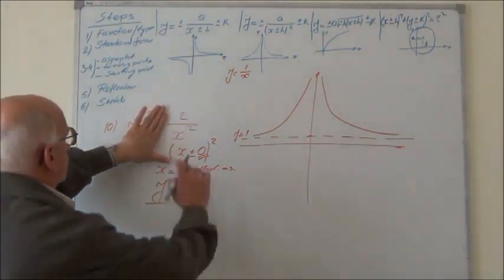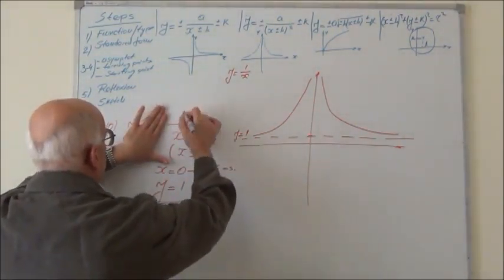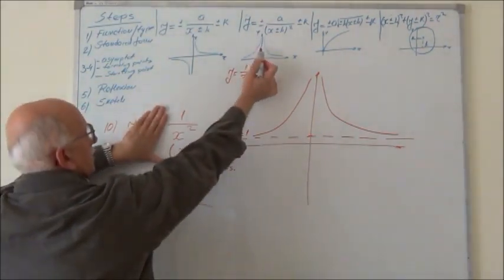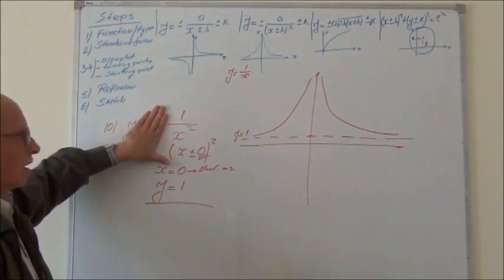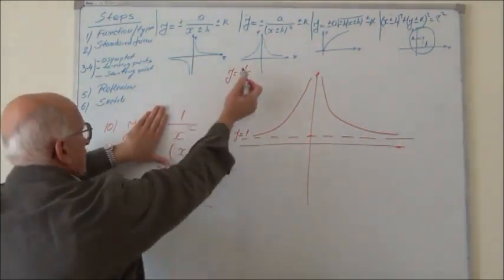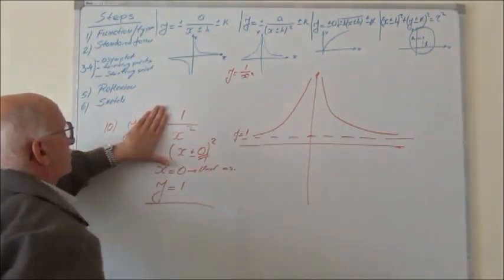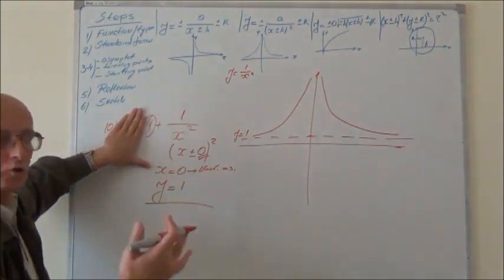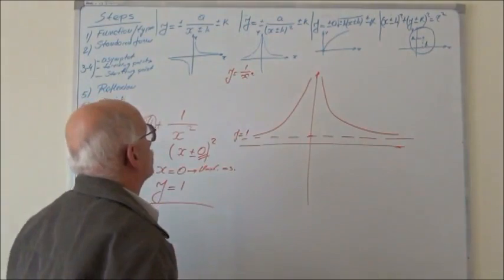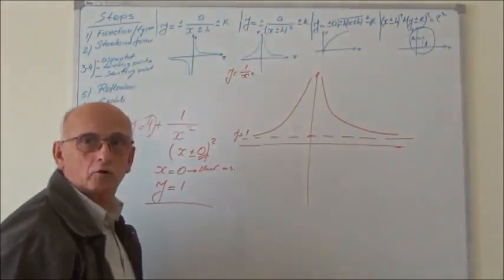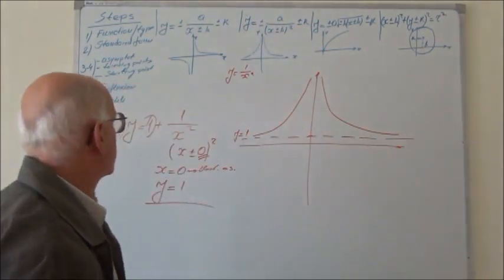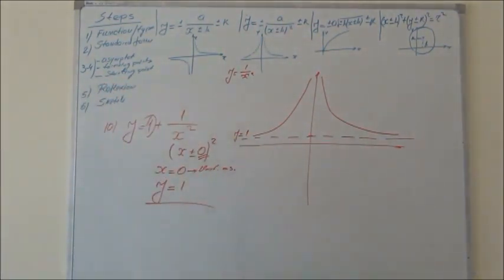But when you compare, suppose here was 1, then basically that is that graph, because 1 on x squared. But you are adding 1 unit to that graph, so you are pushing that graph up for 1 unit. And that's why we have the asymptote at y equal 1.